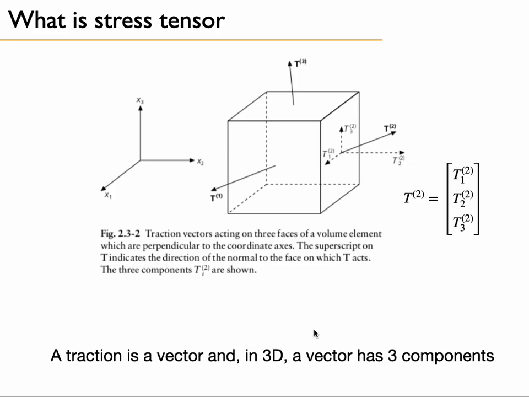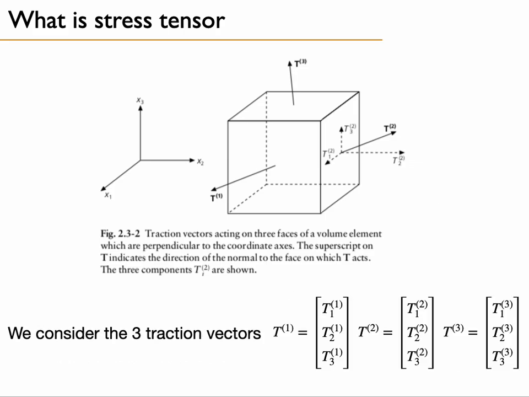So the traction is a vector. In 3D, it has 3 components. Now, if we consider the 3 traction vectors, each of them can be projected along the 3 axes of the space. So T1 here, T2 here, and T3 there. So we have 3 tractions, and each of these traction vectors has 3 components.